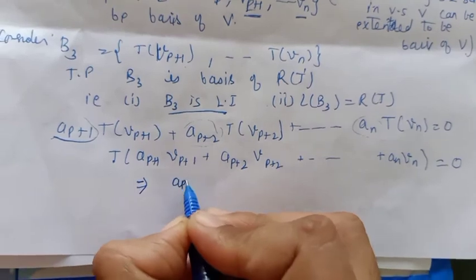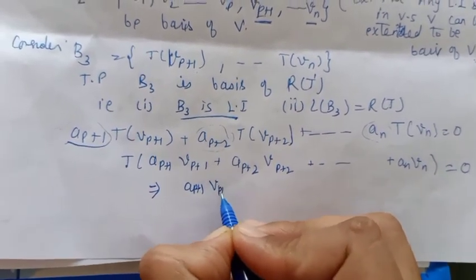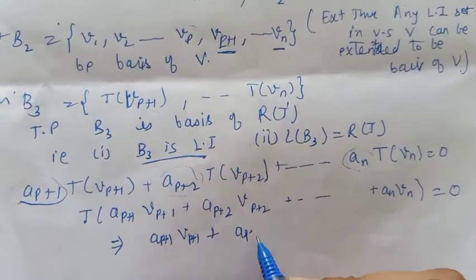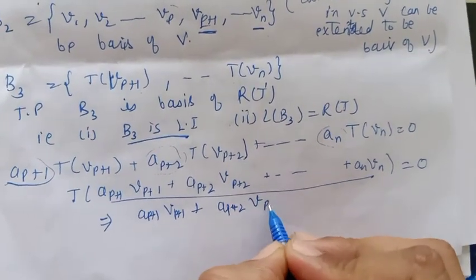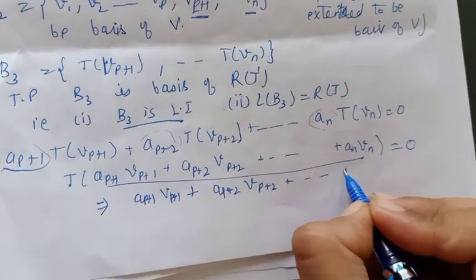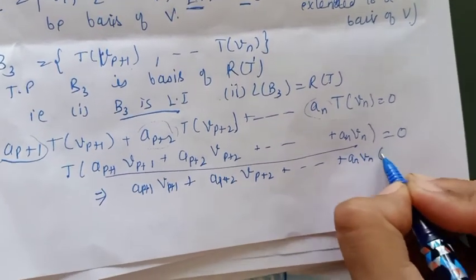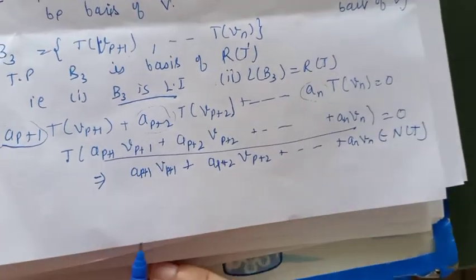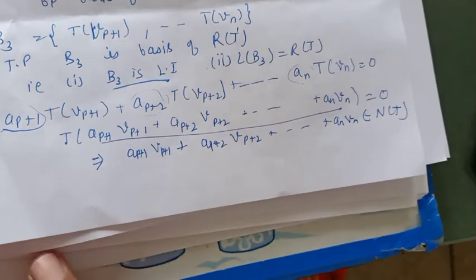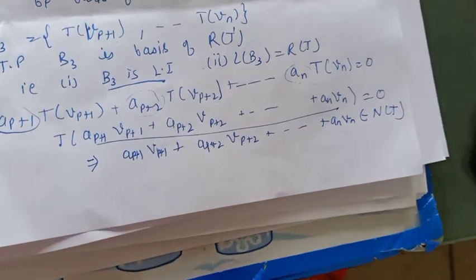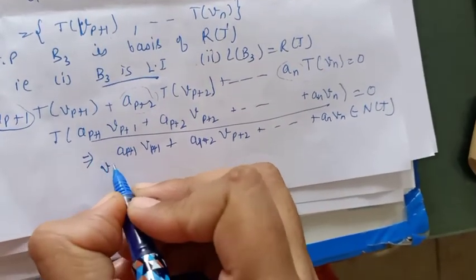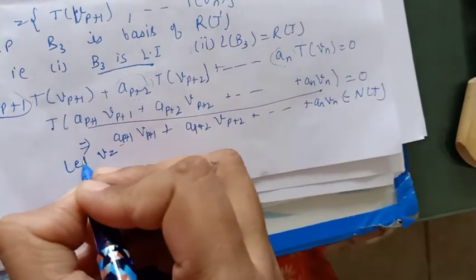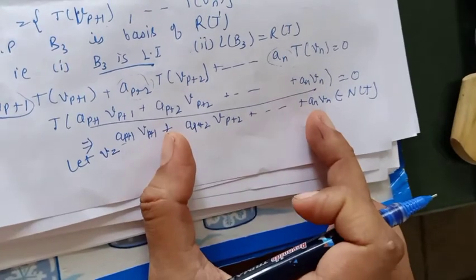That implies that this element will belong to the null space of the linear transformation. Let us name this element v.